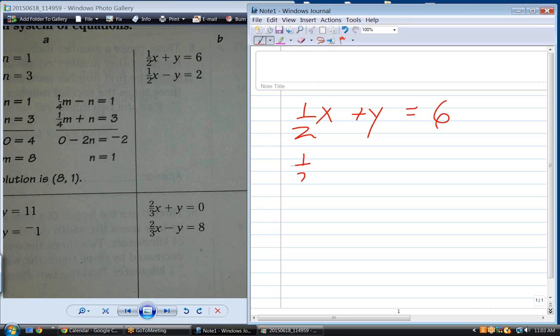And we got 1/2 x minus y equals 2. Alright. So I think that we should add the 2 equations, because then the y's will cancel, and then the 2 1/2 will become a 1 whole. Okay, so what's the bottom below the line here, Reed?